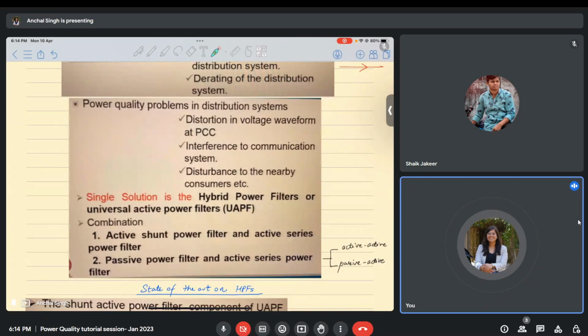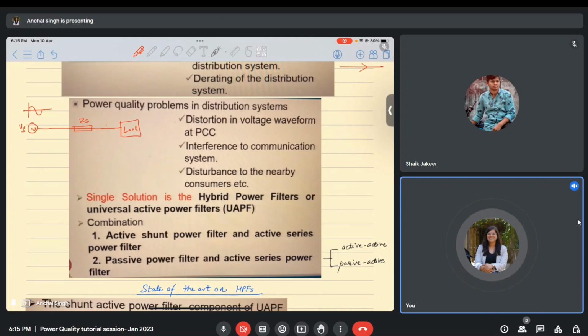Then other power quality problems in the system are distortion in voltage waveforms at the point of common coupling. Why does distortion in voltage waveform happen? Let us say I have a synchronous generator which is giving me a beautiful sine wave, but I have a load connected far from this place, and this is my load. So this transmission line will definitely have a certain amount of source impedance, right? And because of the presence of the source impedance, there will be a voltage drop.